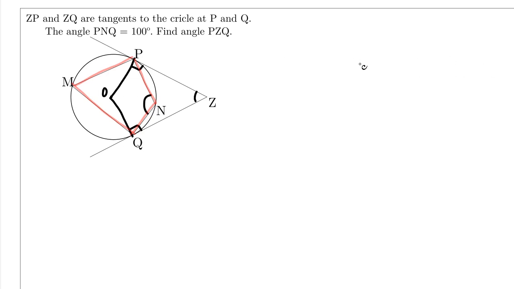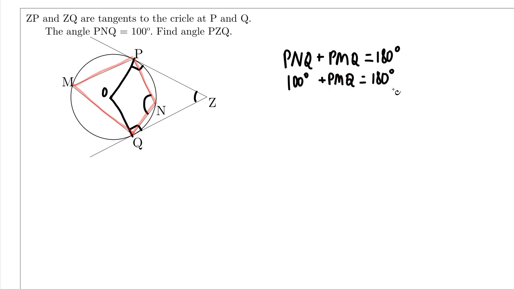So, from this we know that the angle PNQ plus the angle PMQ add up to 180 degrees, and we know that PNQ is 100 degrees. 100 degrees plus PMQ equals 180 degrees.